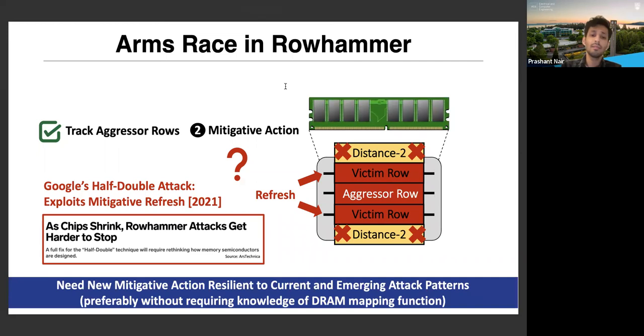Therefore, we need a new mitigative action that is resilient to current and emerging attack patterns. And because DRAM vendors frequently change their mapping functions, and because there are so many vendors, and because these modules keep getting replaced and changed in these systems, you preferably want to do this without knowing the internal DRAM mapping.